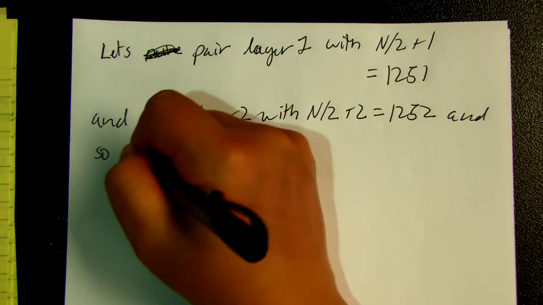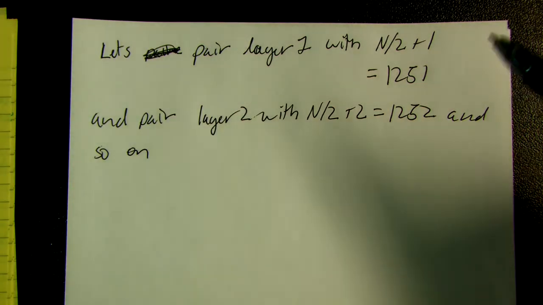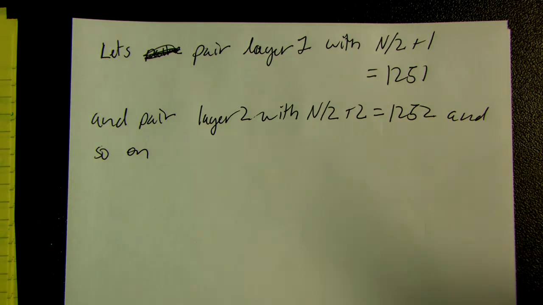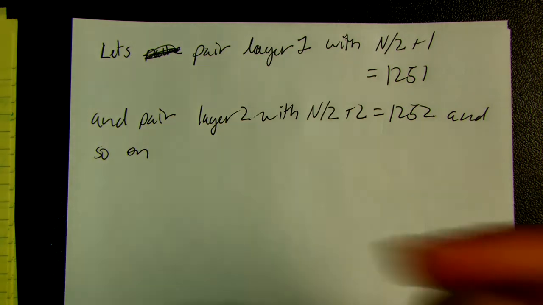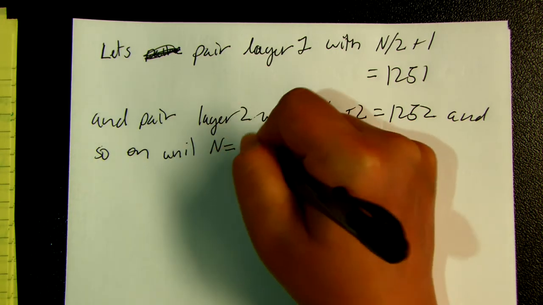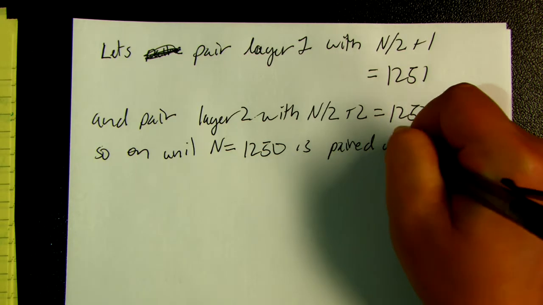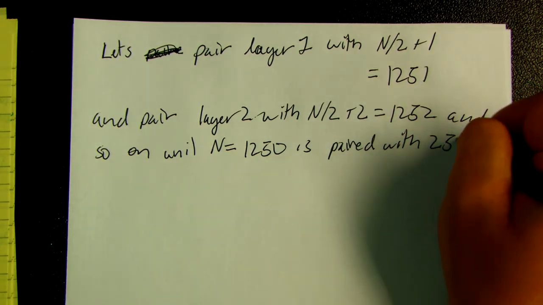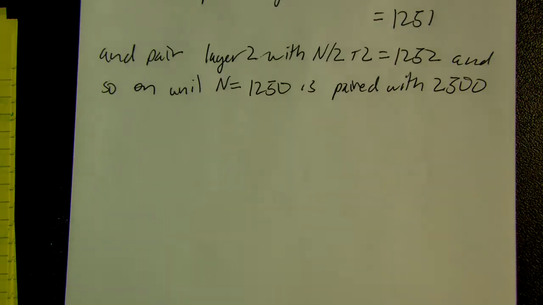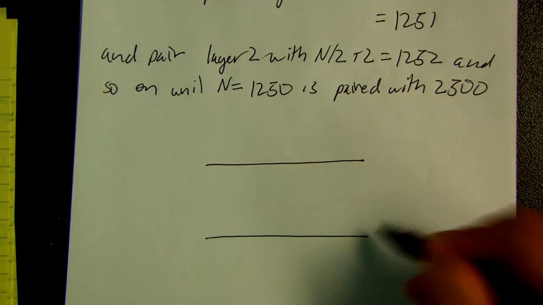So basically, the outermost layer pairs with the middlemost, and so on and so forth until each one of them has a pair. So until n equals 1250 is paired with 2500.